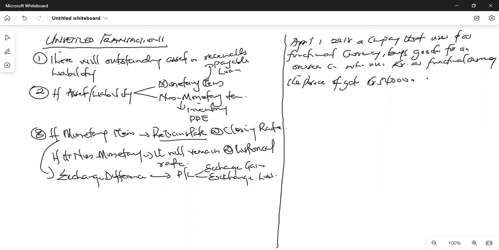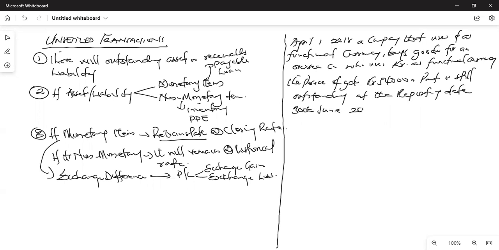Okay. And payment is still outstanding at the reporting date. And let's say the reporting date is, say, 30th June 2018.